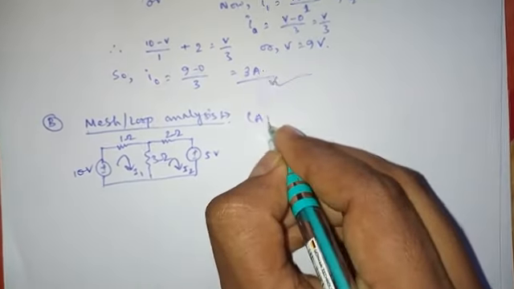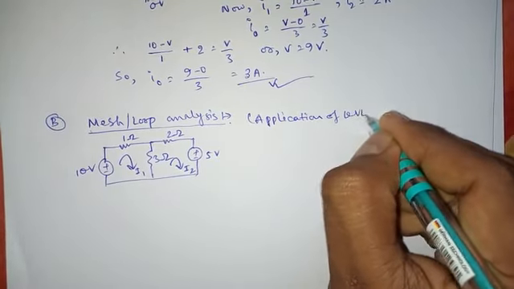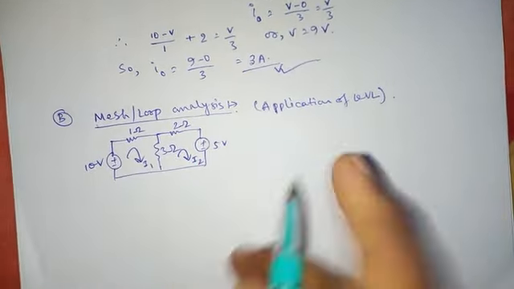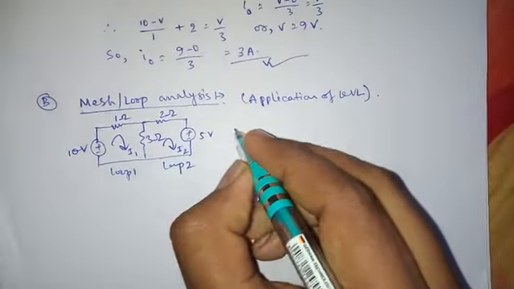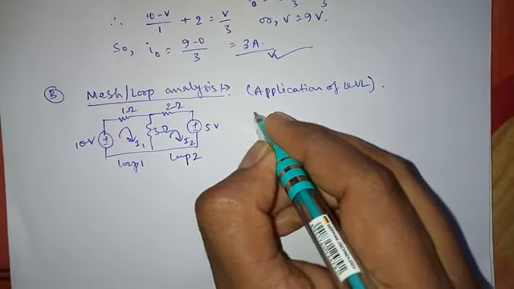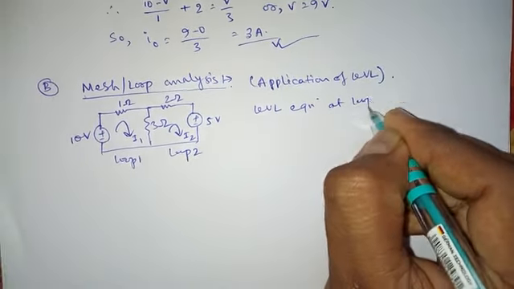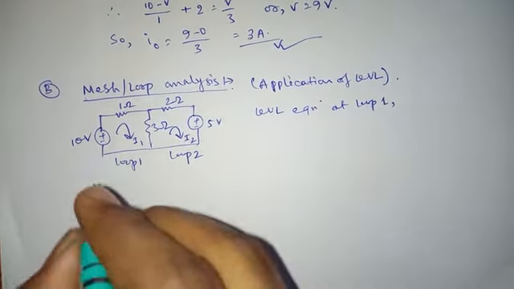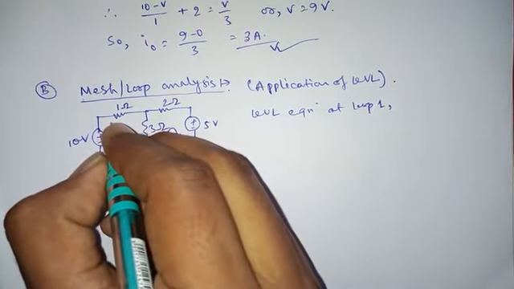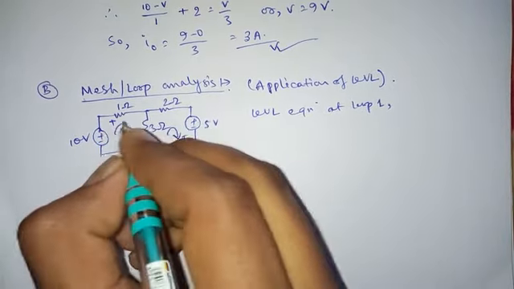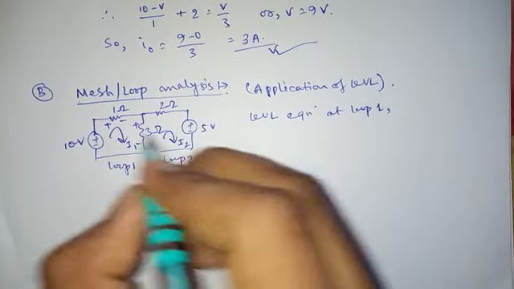This is the application of KVL. This is loop 1 and this is loop 2. For finding the KVL equation at loop 1, I have given a denotation to the resistances as per the direction of current flow.